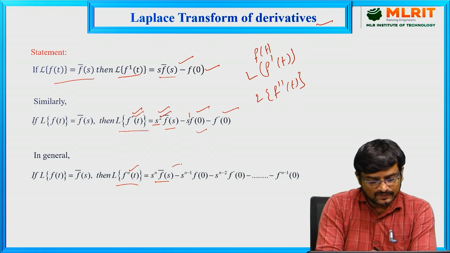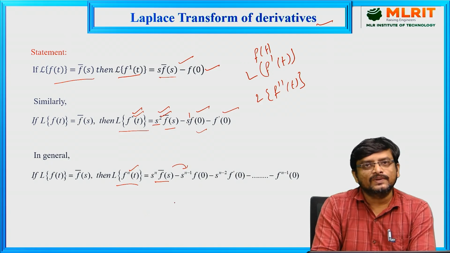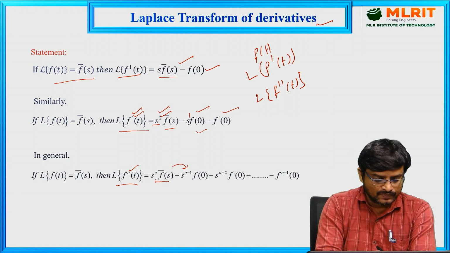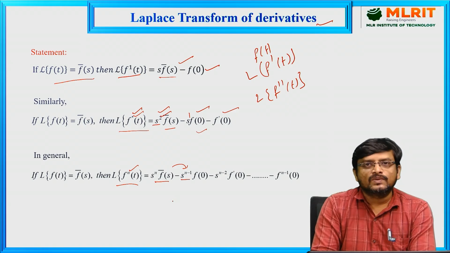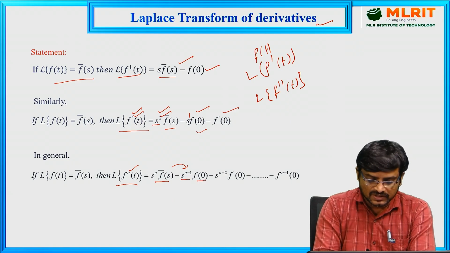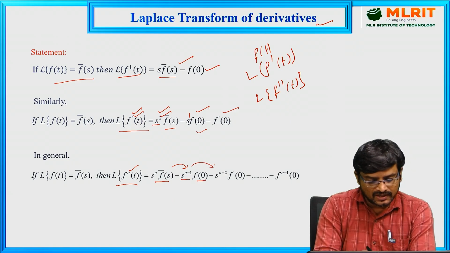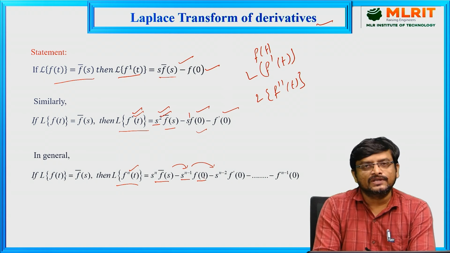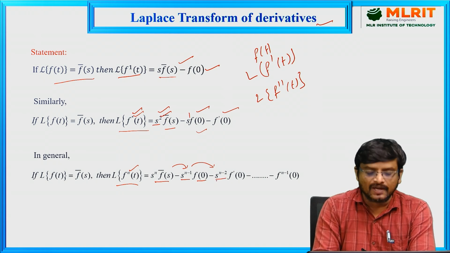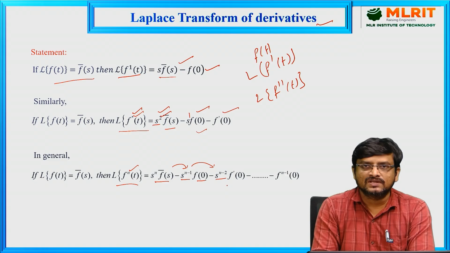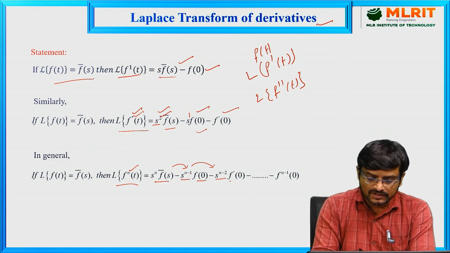In the second term, the power of s must be decreased by 1, so you will get s power n minus 1 into f of 0. When you come to the next term, the power must decrease by 1: s power n minus 2 into f dash of 0, minus, and so on.